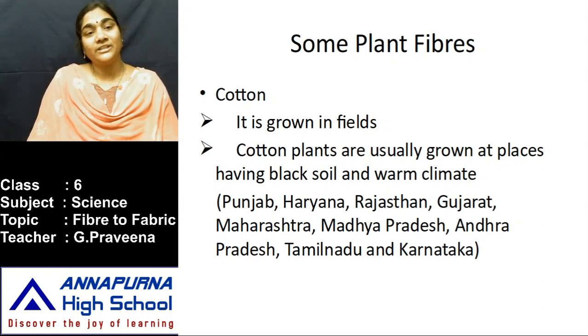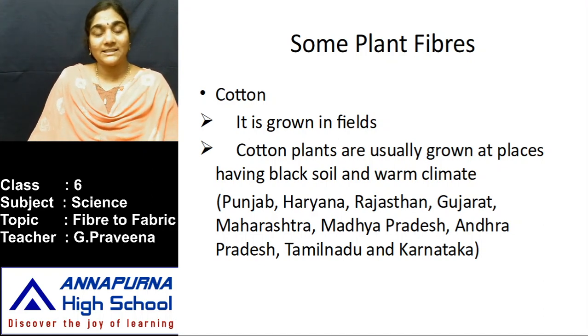They grow in fields, usually at places having black soil and warm climate. Mostly the regions where you can find cotton are Punjab, Haryana, Rajasthan, Madhya Pradesh, Andhra Pradesh, Tamil Nadu and so on. These cotton plants require a warm climate and grow properly in black soil.